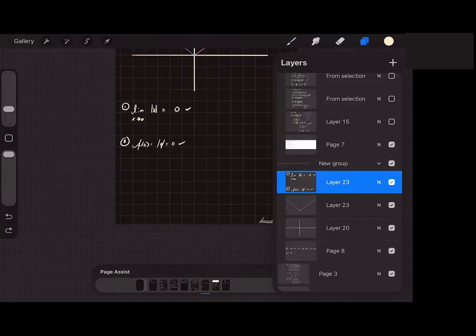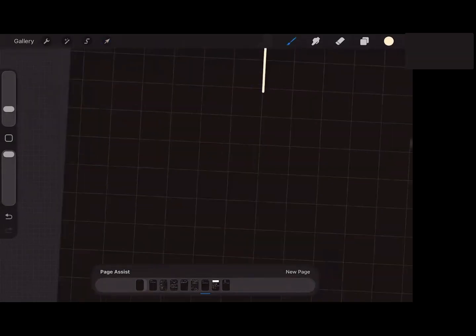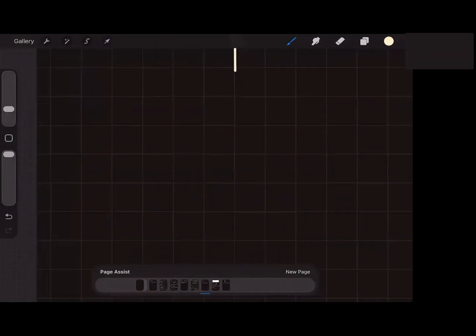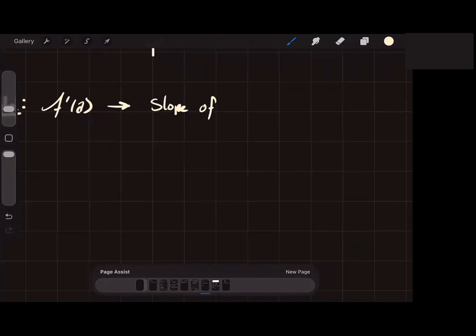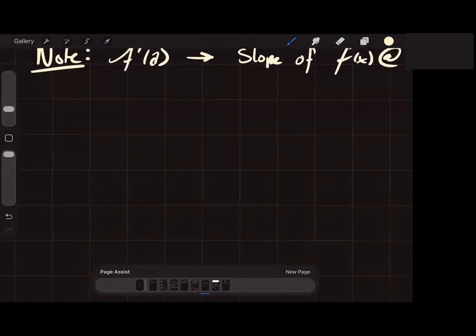But now let's try to take the derivative of it, okay? So let's note that f prime of a is going to be the slope of f of x at the point x equals a. Do you remember those various forms we could use?